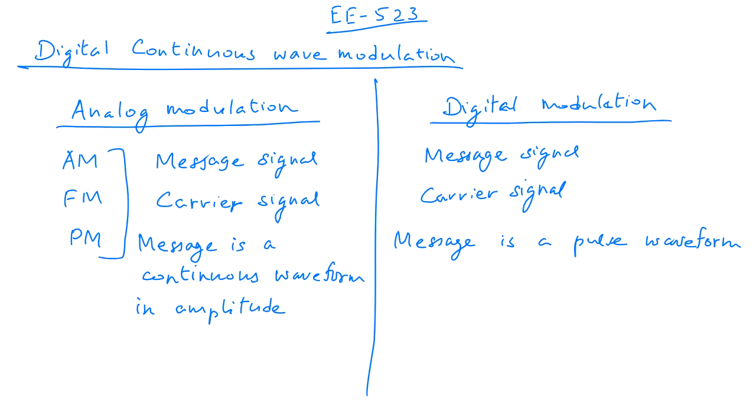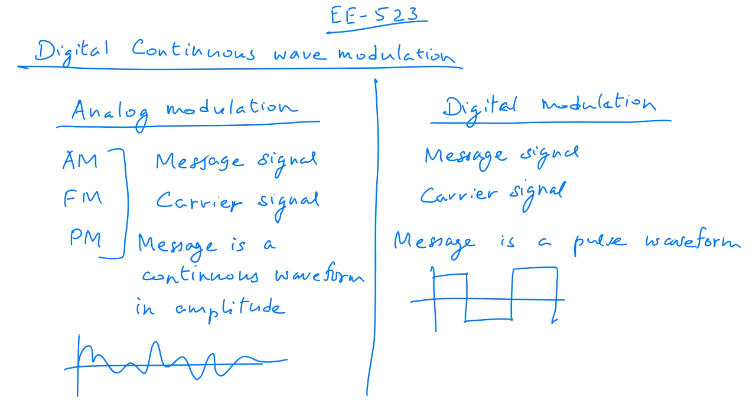So the message in analog modulation could be something like this, but the message in digital modulation is pulses, like the NRZ pulses you saw. It will be discrete in amplitude. The amplitude levels are discrete, unlike the information signal in analog modulation, which is continuous in amplitude.